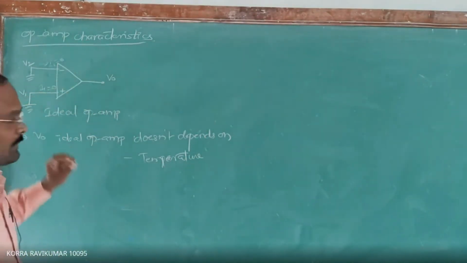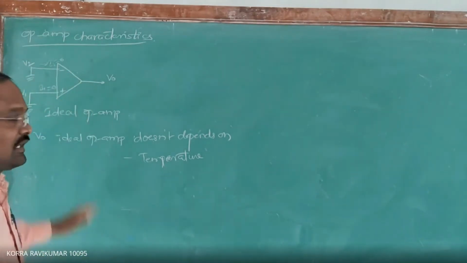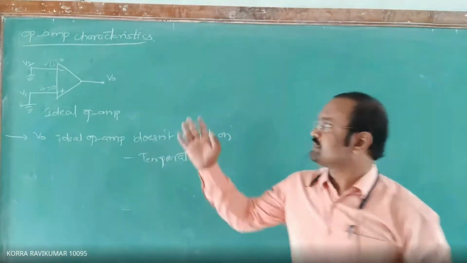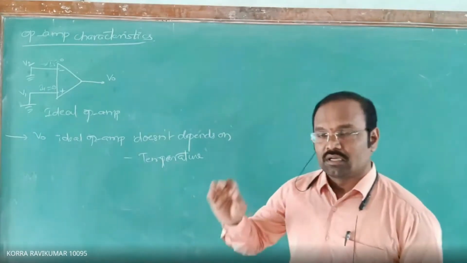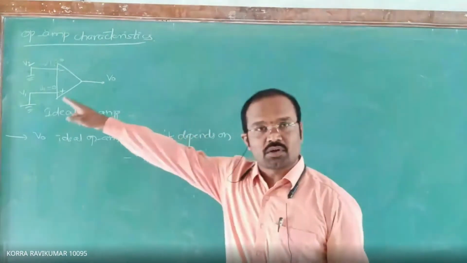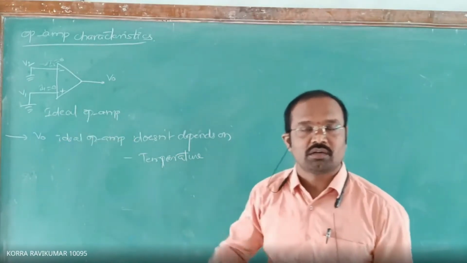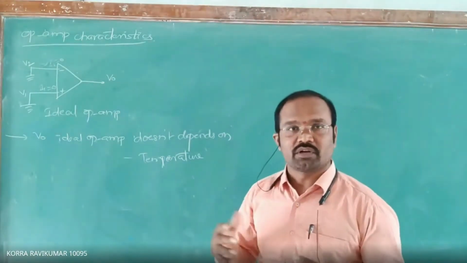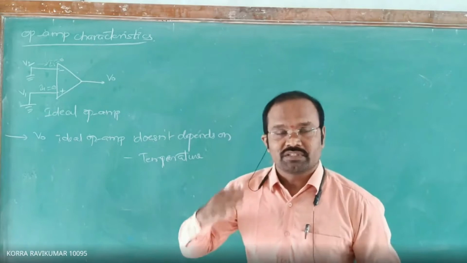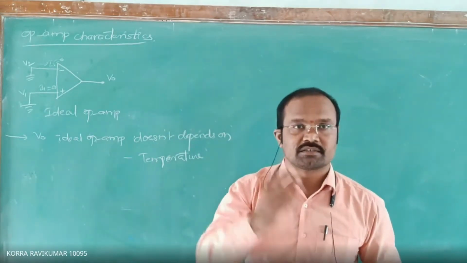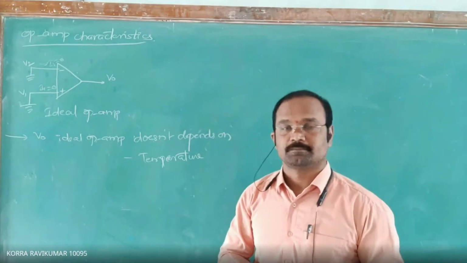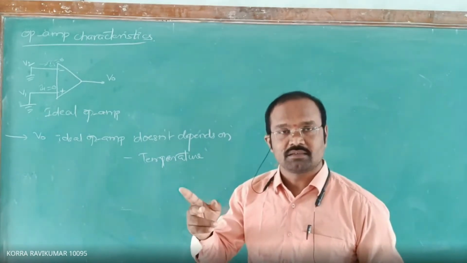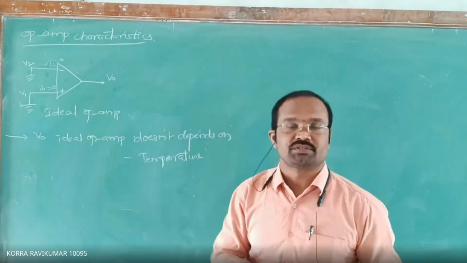An ideal op-amp does not draw any input current, so its output voltage is equal to 0, and it does not depend on the temperature. Whether the temperature is increasing or decreasing doesn't matter. The output voltage of an ideal op-amp never changes based on variation in temperature.